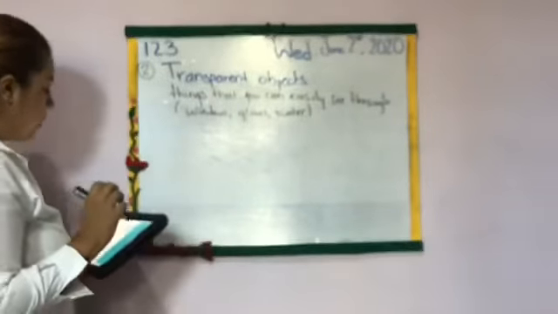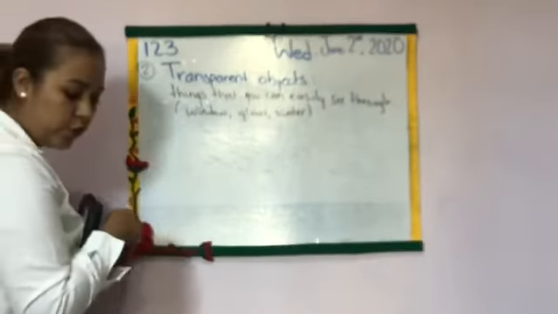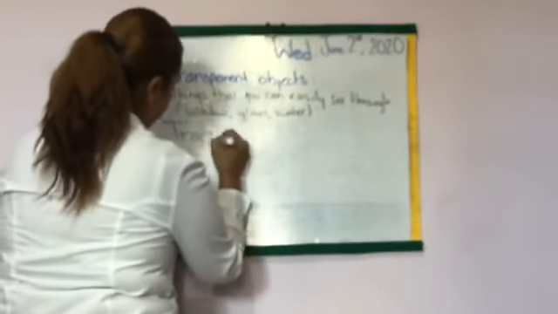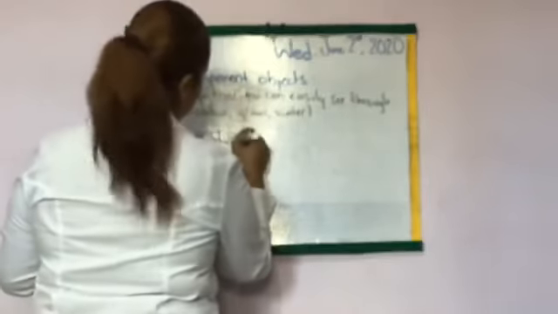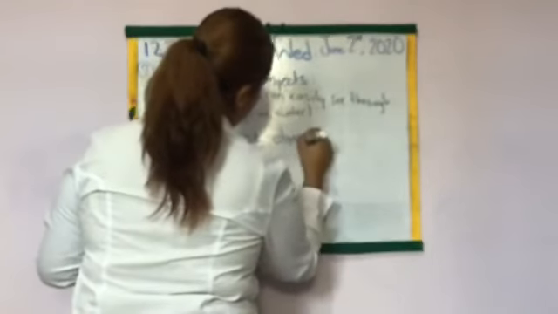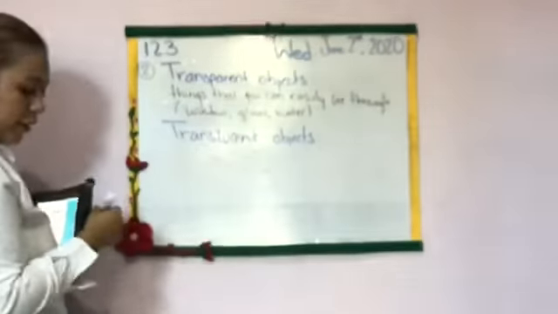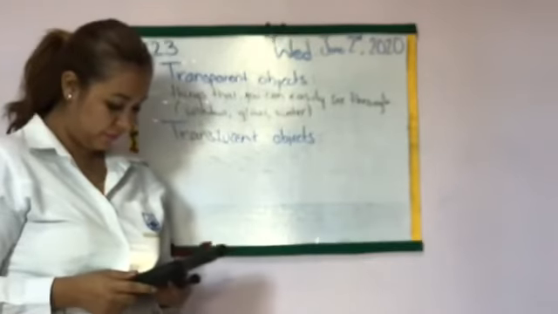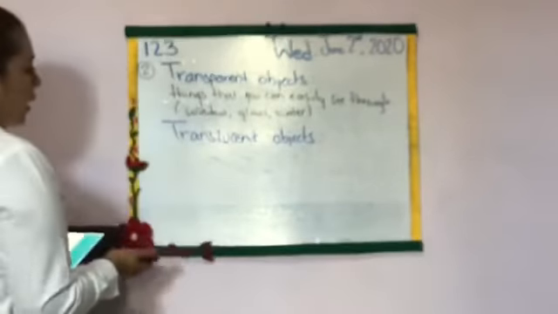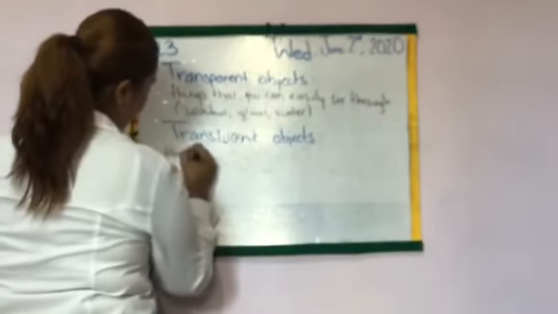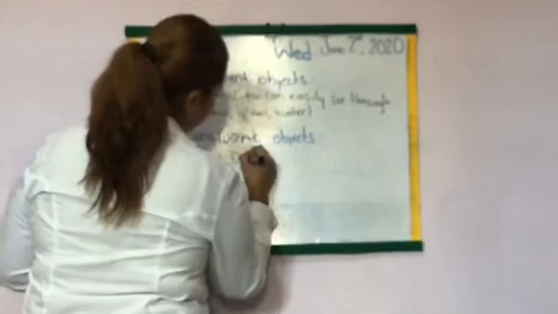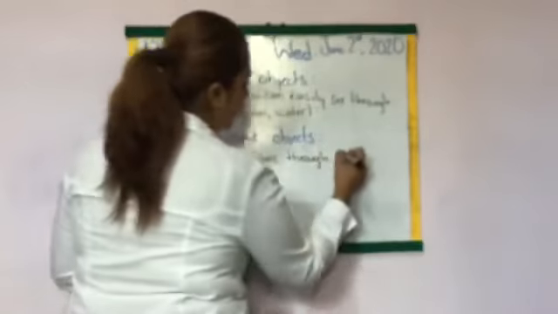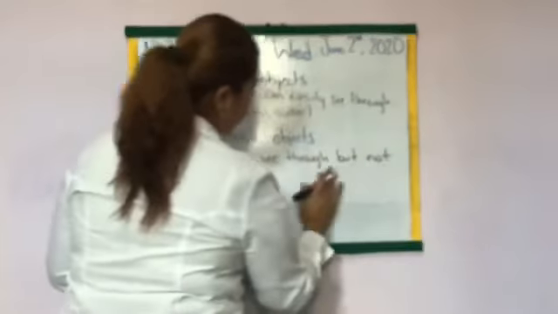All right, and a translucent, what is a translucent object, and what are its characteristics? Translucent objects, what are their characteristics? Come on, tell me. Very good. These are things you can see through, but not 100%.